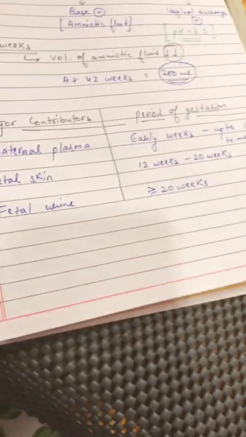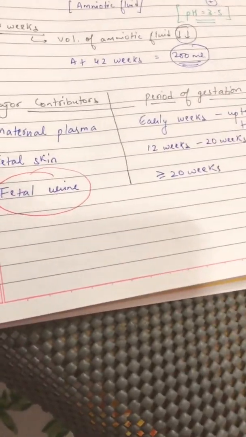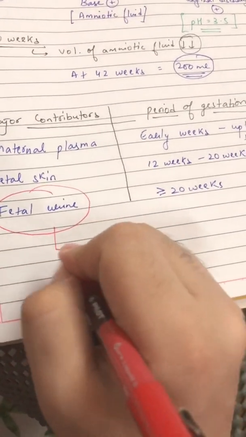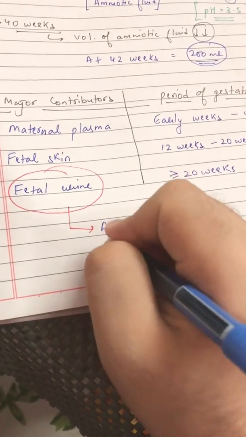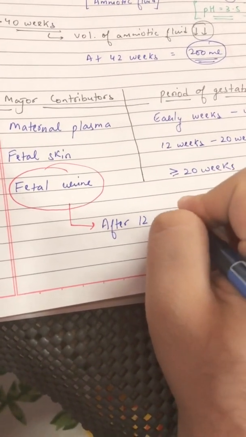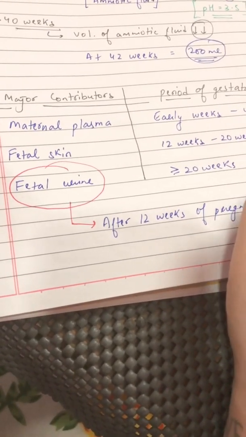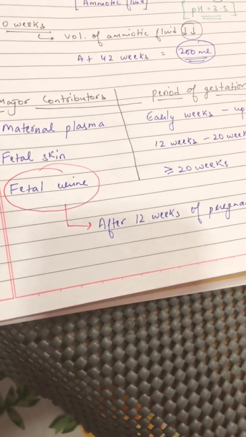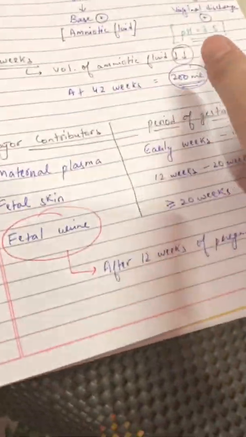Overall, fetal urine is the major contributor, and a fetus starts producing urine after 12 weeks of pregnancy. So I hope things are clear right till now.